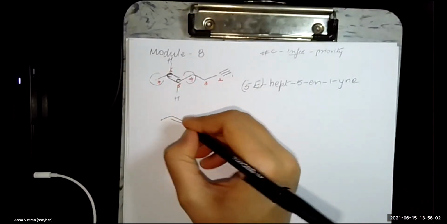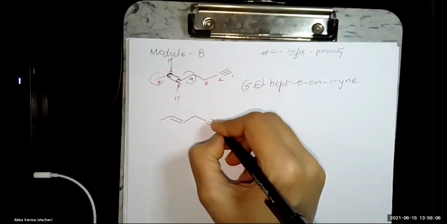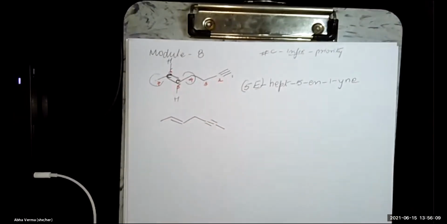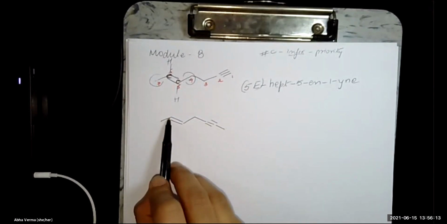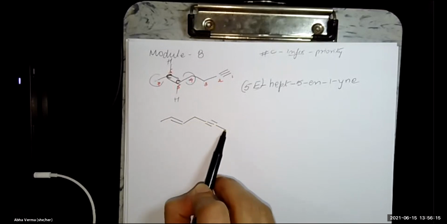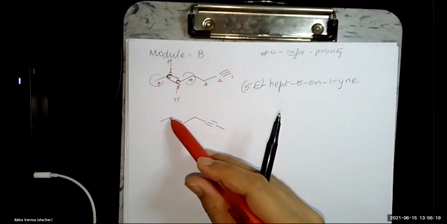Furthermore, if I had a tie, now look at this. I have a tie here. 1, 2, 3, 4, 5, 6, 7, or 1, 2, 3, 4, 5, 6, 7.